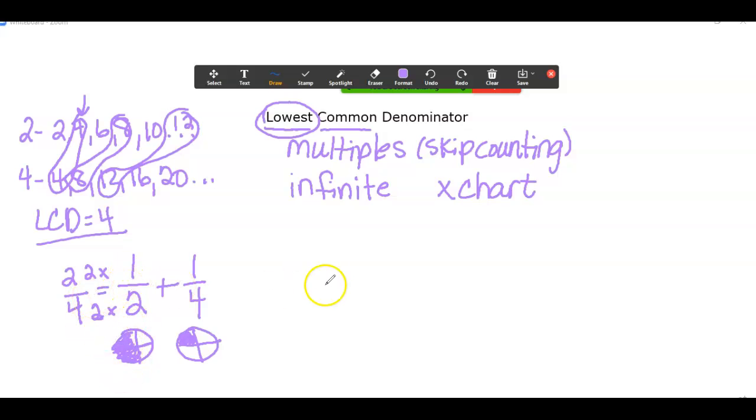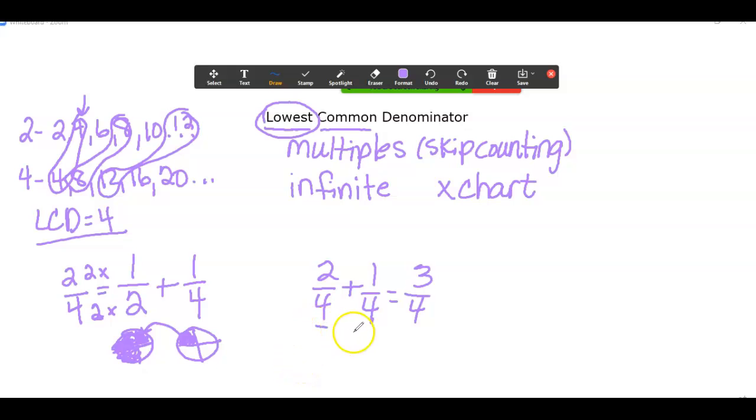Now that I have 2/4, I can add 1/4 together, and I do not add across the denominators. That is a common misconception. I don't add across the denominators because if I take this piece right here and put it over here, they're all in fourths, correct? So now this is 3/4.